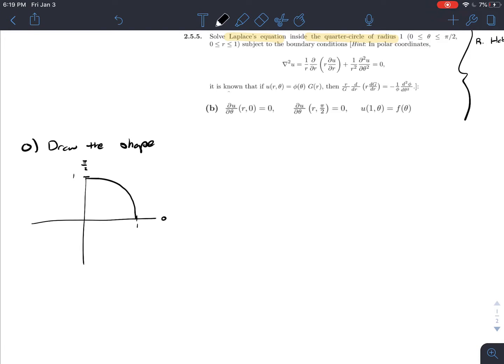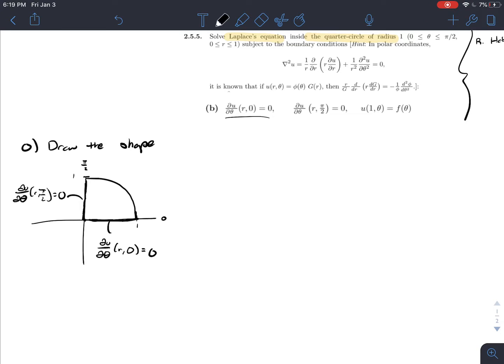Okay, so we're going to work in polar coordinates here. This is 0. Let's emphasize the boundaries of this quarter circle. We're also told that at angle 0, the first derivative with respect to theta, u_theta at r, 0, is equal to 0, and at pi over 2 it is also equal to 0.